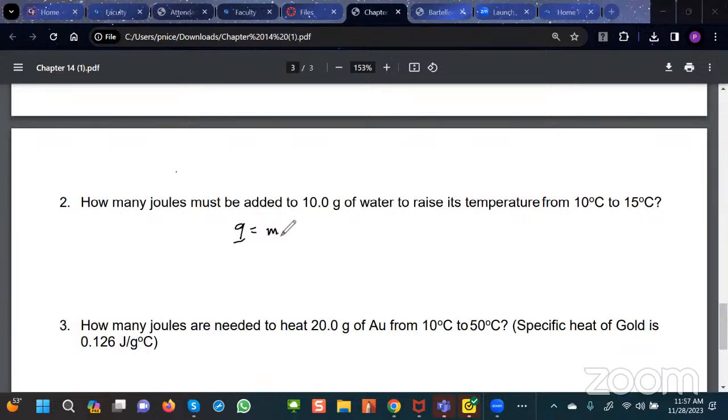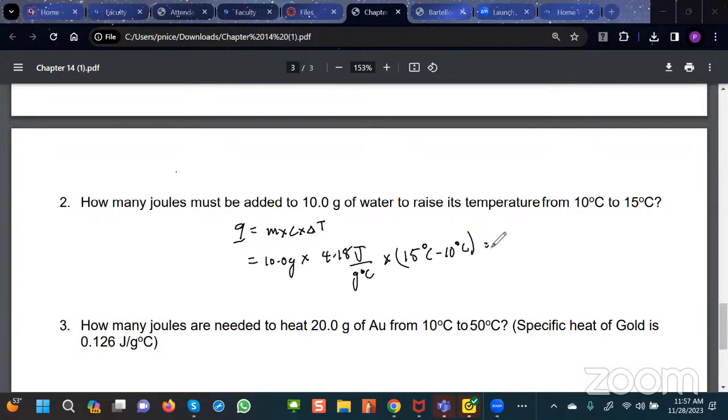Thank you very much. So M is equal to 10.0 grams. C is the specific heat of water, which is 4.18 joules per gram degree Celsius. And delta T is the change in temperature. So we're going from 15 degrees Celsius minus 10 degrees Celsius.